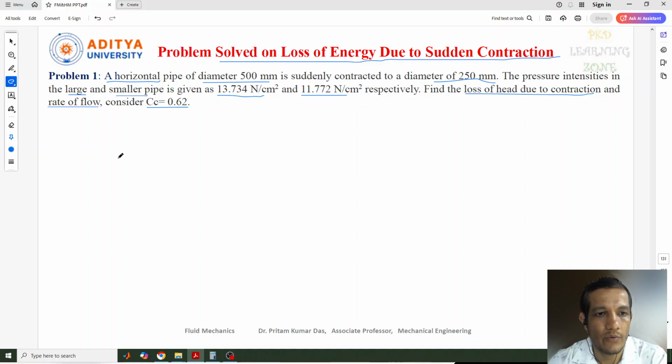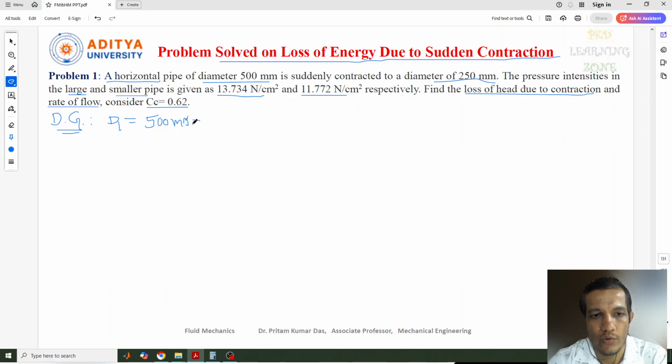So first let's write down the data given for this question. The diameter of the pipe that is suddenly contracted, let's consider the larger pipe diameter as D1, that is 500 millimeter.